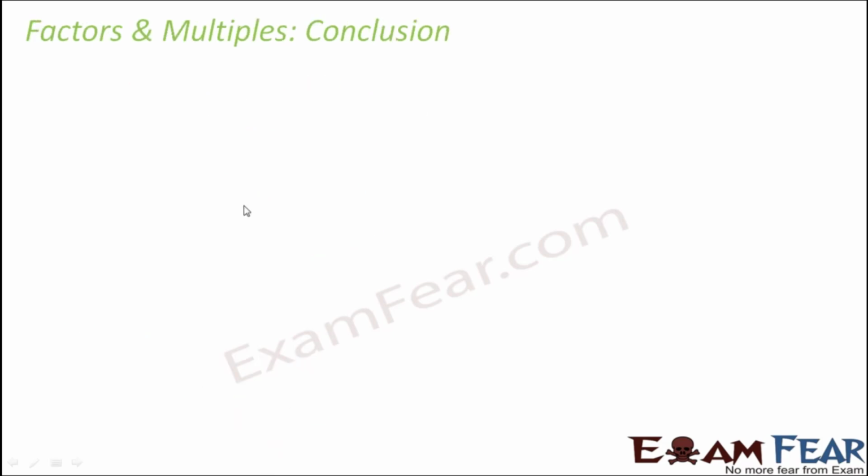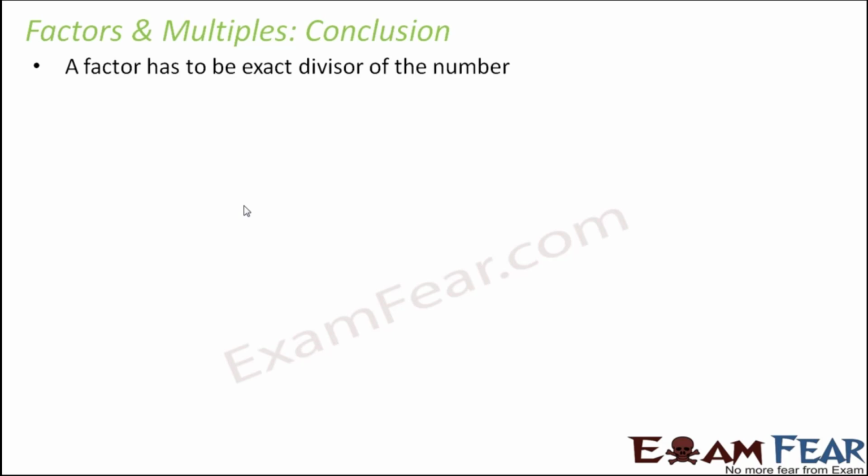So based on whatever we have studied so far on factors and multiples, let us see what we concluded, because there were certain important things that we knew about factors and multiples. Now a factor has to be an exact divisor of the number. Only then it becomes a factor of that number.